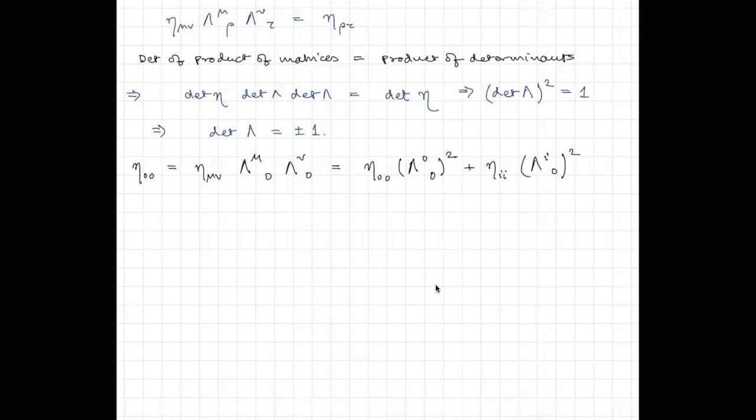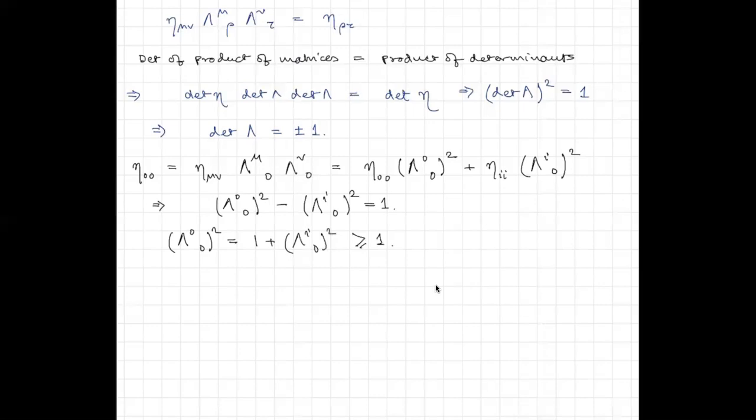If we plug this in, we are going to get an equation which is lambda 0, 0 squared minus lambda I 0 squared is equal to 1. Or lambda 0, 0 squared is equal to 1 plus lambda I 0 squared, which is of course greater than or equal to 1.